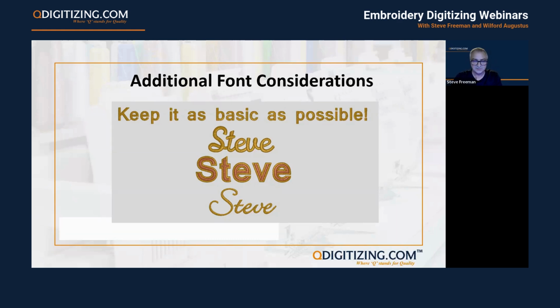And a lot of times customers, and by customers, I mean the end user, not necessarily the person that I work directly with, so that might be the customer's customer, don't like the way that dotted line looks going around my text. I'm like, well, a satin stitch border is not an option. So they either have to learn to like it, or we need to delete it and go with no second color. All right.